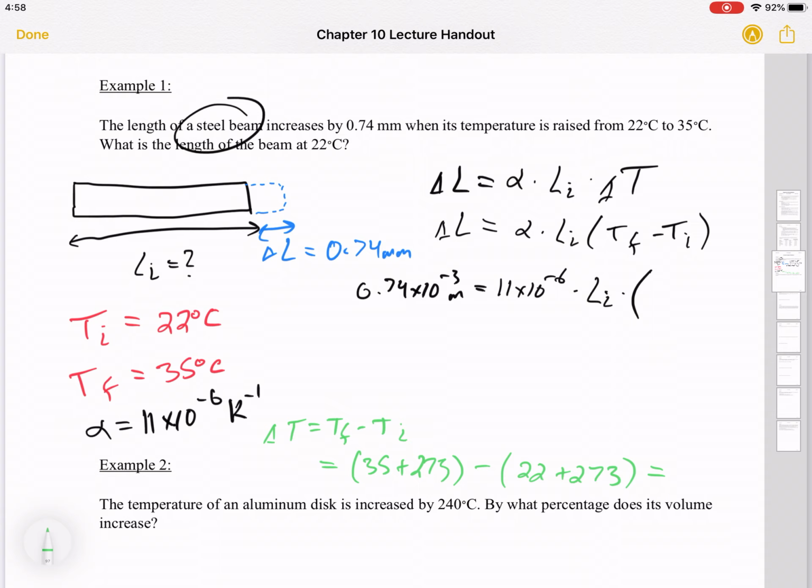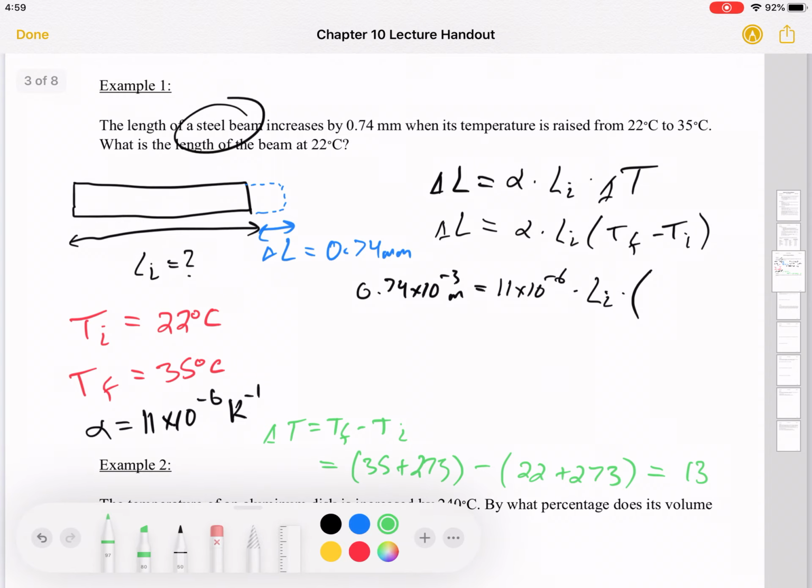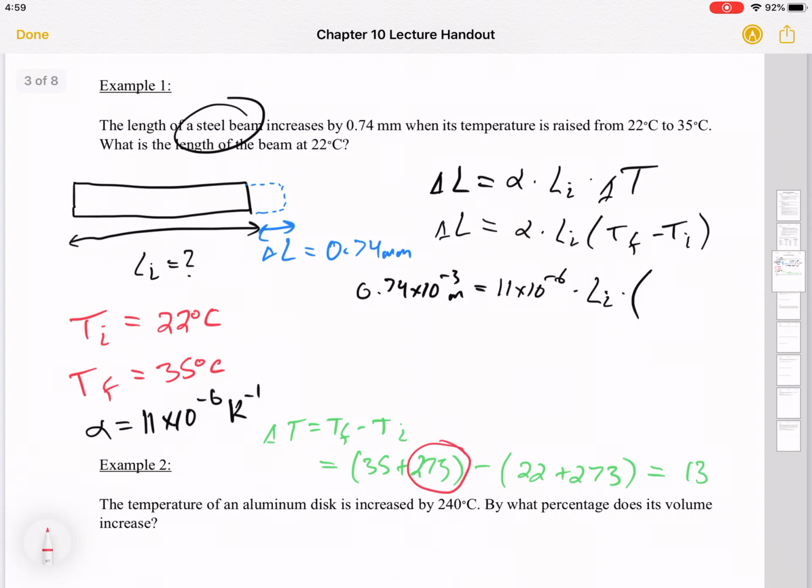So if you do that math, what do you get? 13, right? Prove it to yourself by plugging it in. So that was Kelvin minus Kelvin. But what do I get if I take 35 minus 22? It's 13, right? Because embedded in this conversion, this difference is 273 minus 273. The conversion factors cancel out.